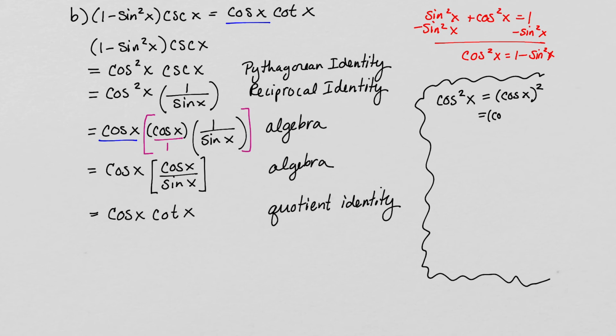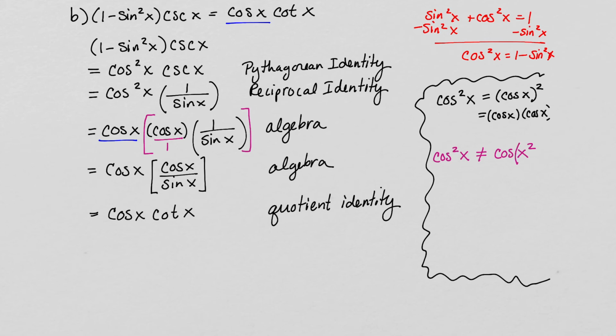So this is the same as cosine x times cosine x. And that's what I did there. Rather than use this part, I used this part. That cosine squared x is the same as cosine x times cosine x. The thing you want to be really careful about as you're doing these problems is that cosine squared x is not the same as cosine of x squared. If you see this written, the only thing that's being squared here is the x.